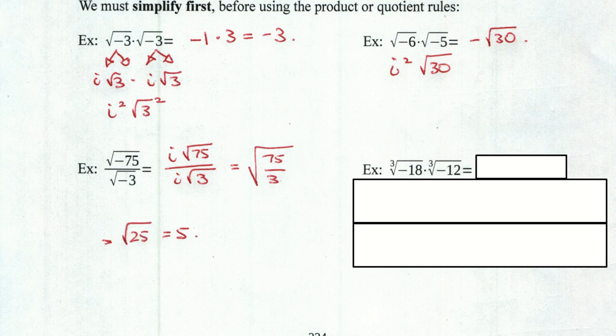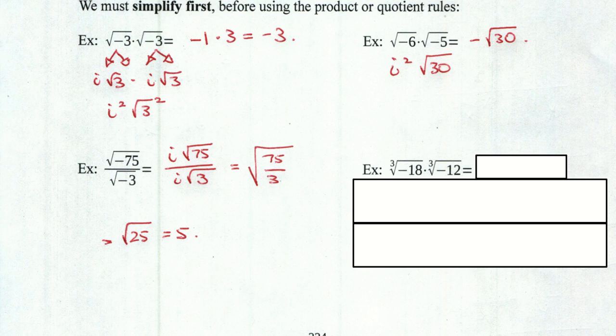And the square root of 25 is 5. Notice there's no negative here, and that's because the two i's canceled. So when we're forming a quotient, when we're dividing complex numbers, or in this case purely imaginary numbers, the i's are going to cancel. When we multiply, and this is an important distinction, the i's don't cancel. They actually give us a factor of negative 1.